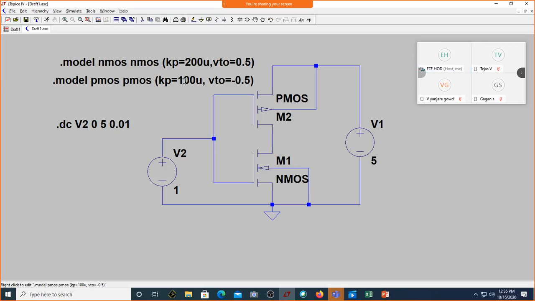Kp is mu n into Cox. Why PMOS is half of that is we are assuming that the mobility of holes is half compared to the mobility of electrons.